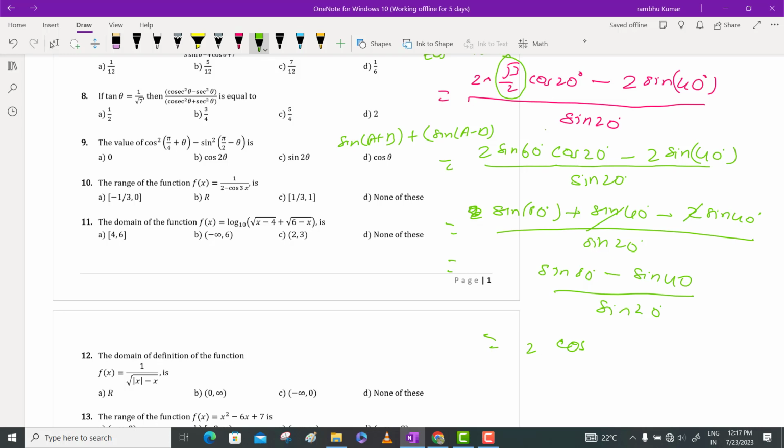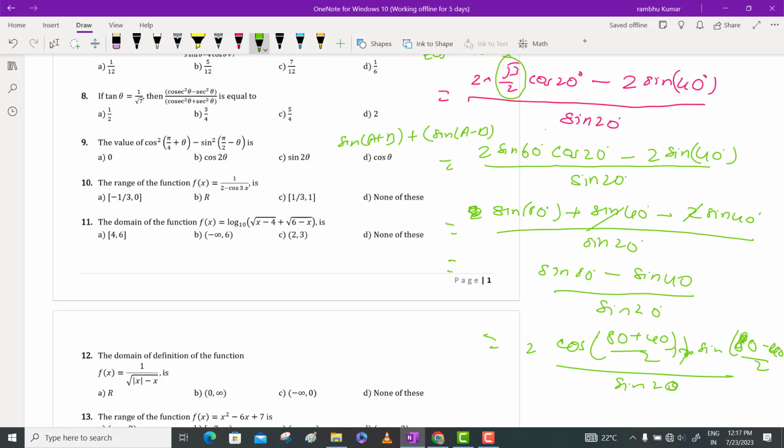So this will become 80 plus 40 by 2 and into sin 80 minus 40 by 2 and divided by sin 20.